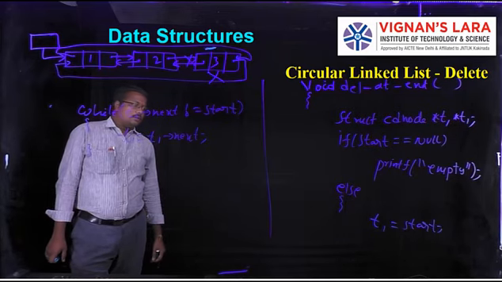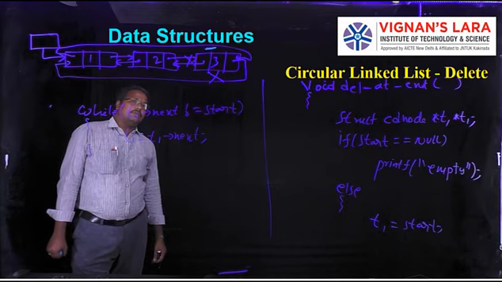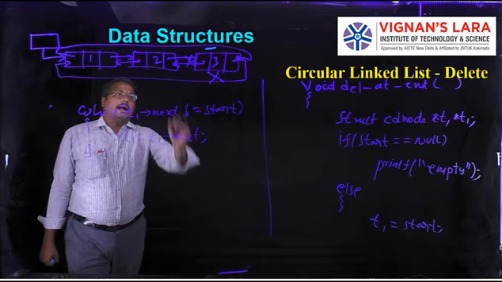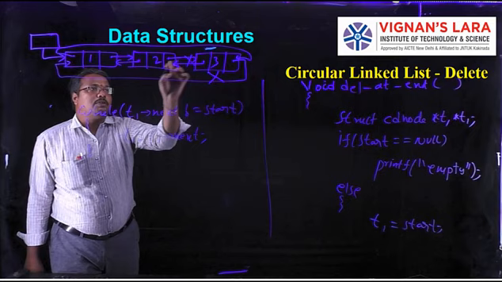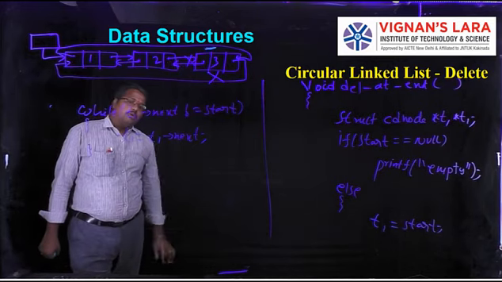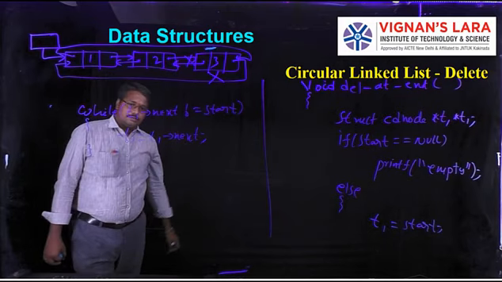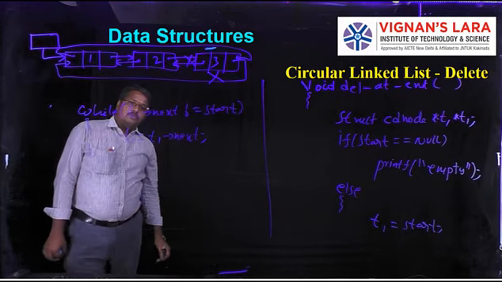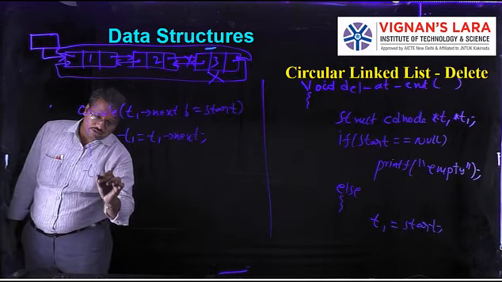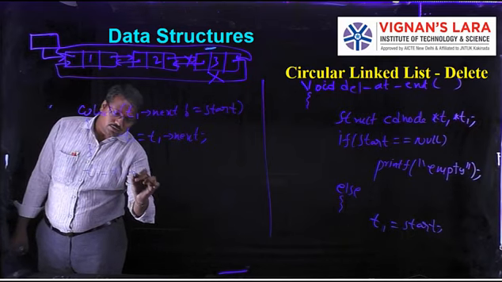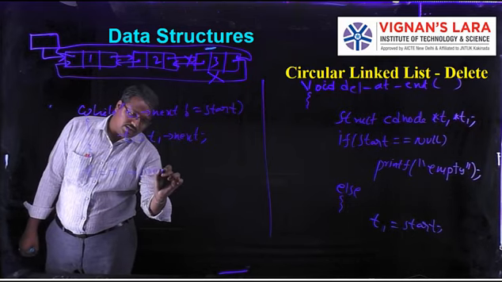So next, what are the changes I want to do? First, I want to find the last node before node address. How to find out the last node before node? Call it as previous. So first I am going to previous node field. So T1 is equal to T1 of previous.